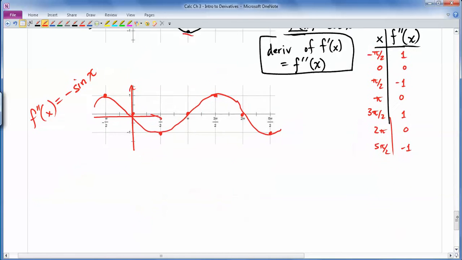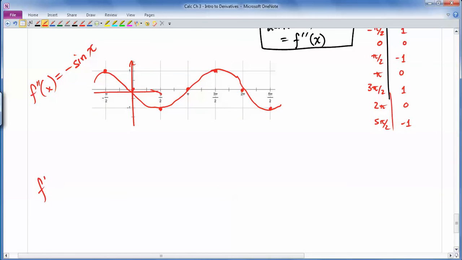Now I'll tell you right now, if you repeat this process and you found f triple prime of x, you'd actually get negative cosine x. And then if you did it one more time, and at this point you don't write 4 primes, you write a little parentheses 4, you're going to go back to sine x. And so then that means the fifth derivative will cycle back through to cos x again.